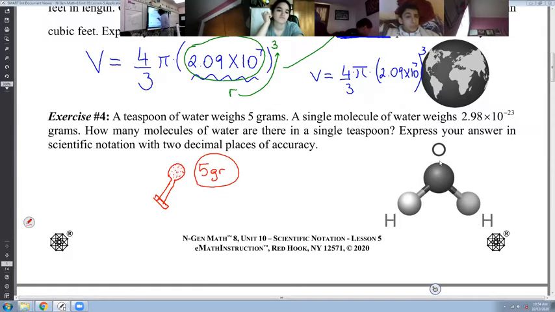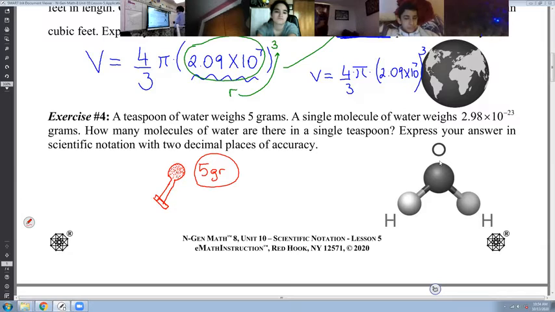But how many molecules do we have in this spoon which weighs 5 grams? You see that? How many millions of molecules we need, or billions, we do not know, right? And so those are so tiny.